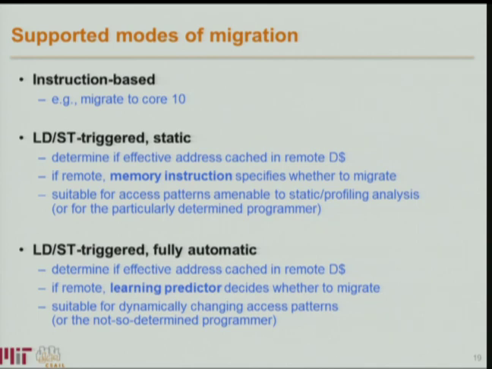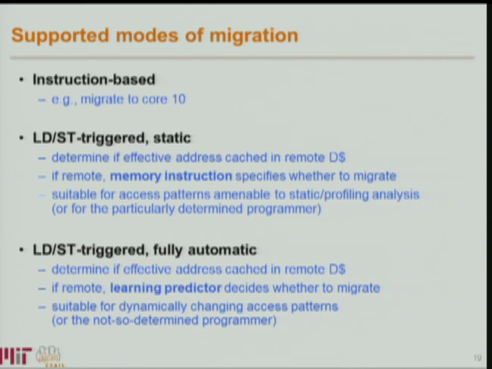So how can we migrate? Well, we have a simple migrate instruction that you can just put in your program, and it will just go to whichever core you want it to go to. Well, that's kind of boring. The next more interesting way is when the hardware sees a memory instruction, that is to say a load or a store, it can treat this instruction as a static instruction. That is to say, if the address is local, then it will of course access the local cache, but if it's remote, it will look to the instruction itself to decide whether it should migrate or make a round-trip remote access.